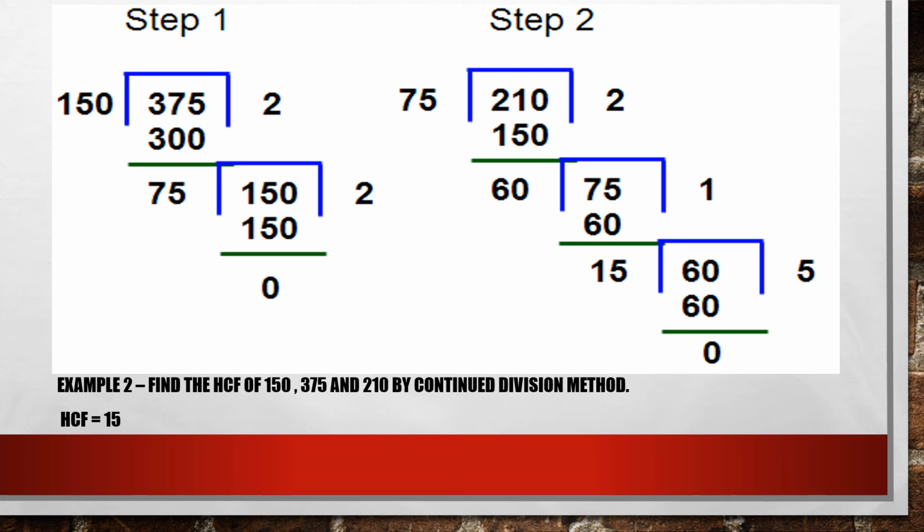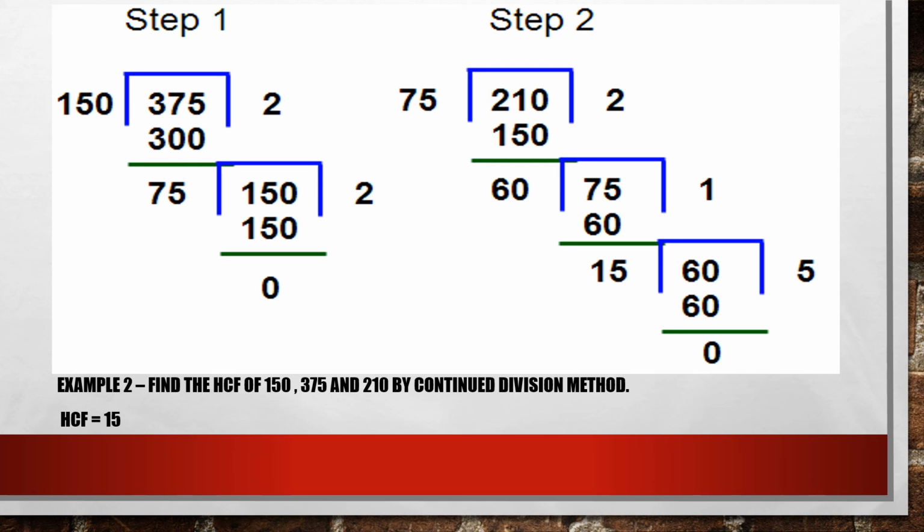So 210 we divide with 75 and we get the quotient as 2. The remainder is 60. Again divide 75 by 60 and we get the quotient 1 and the remainder 15. Divide 60 by 15, we get the remainder as 0 and the quotient as 4, which means it's exactly divisible.